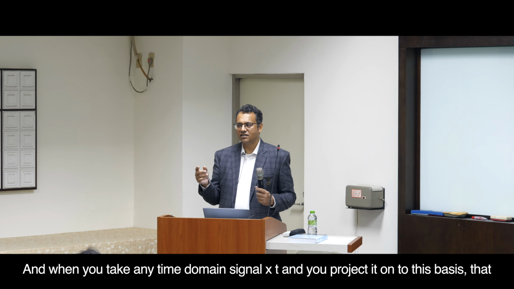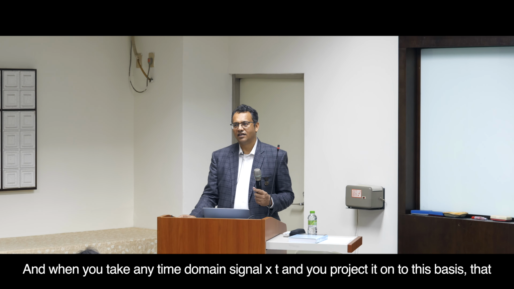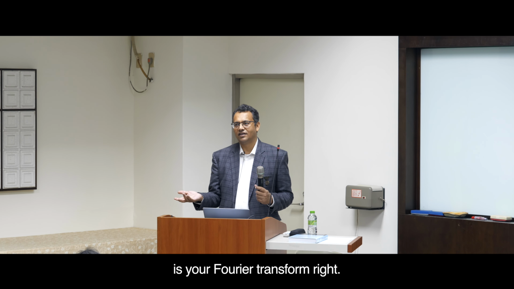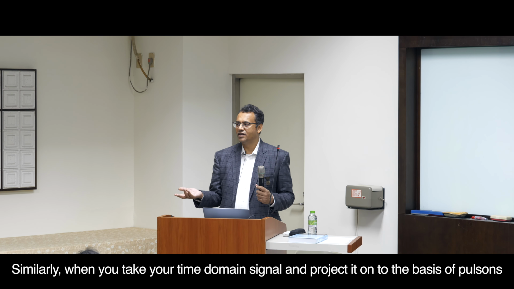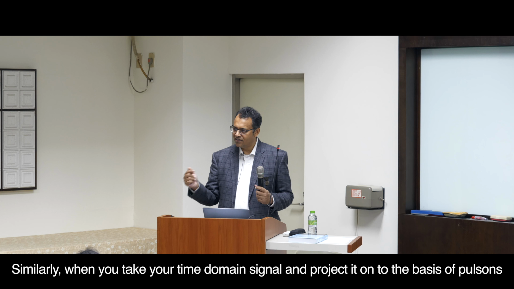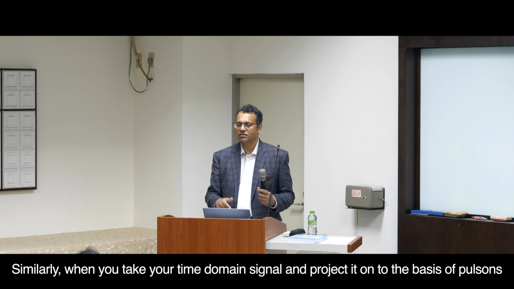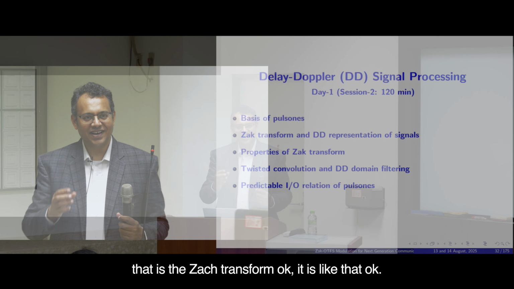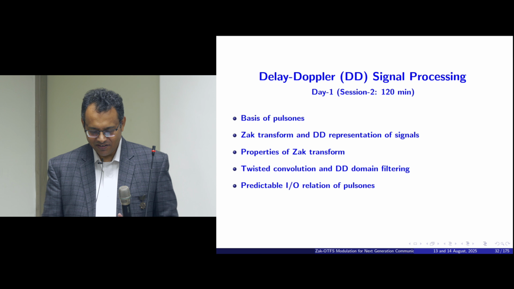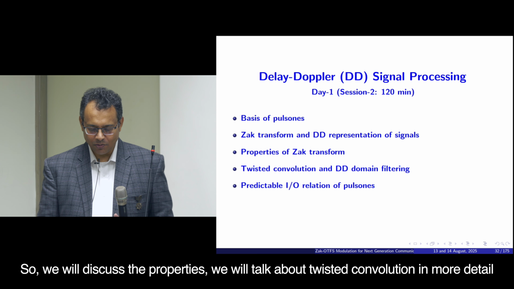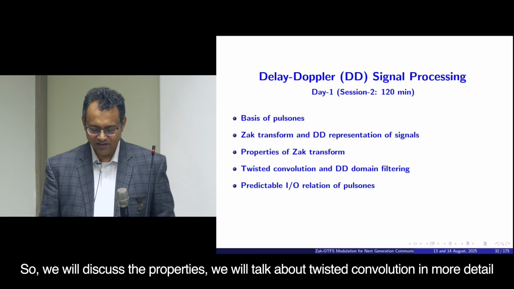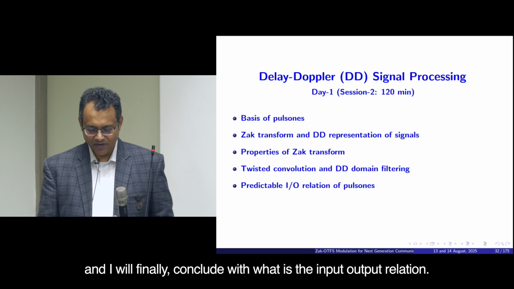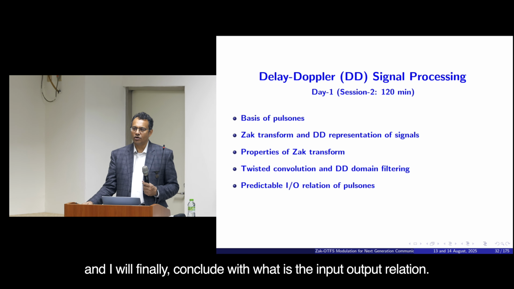And when you take any time domain signal x(t) and you project it onto this basis, that's your Fourier transform, right? Similarly, when you take your time domain signal and project it onto the basis of pulsons, that's the Zak transform. Okay, it's like that. Okay, so we'll discuss the properties. We'll talk about twisted convolution in more detail, and I'll finally conclude with what's the input-output relation.